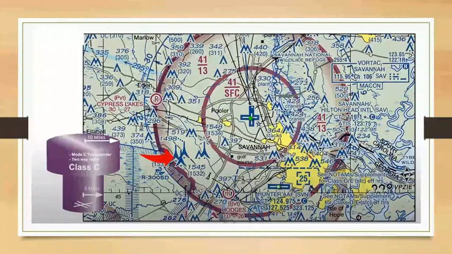So if you were hired to inspect the top of this tower, you're allowed to fly your small unmanned aircraft within a 400-foot radius of that tower to the top of it.